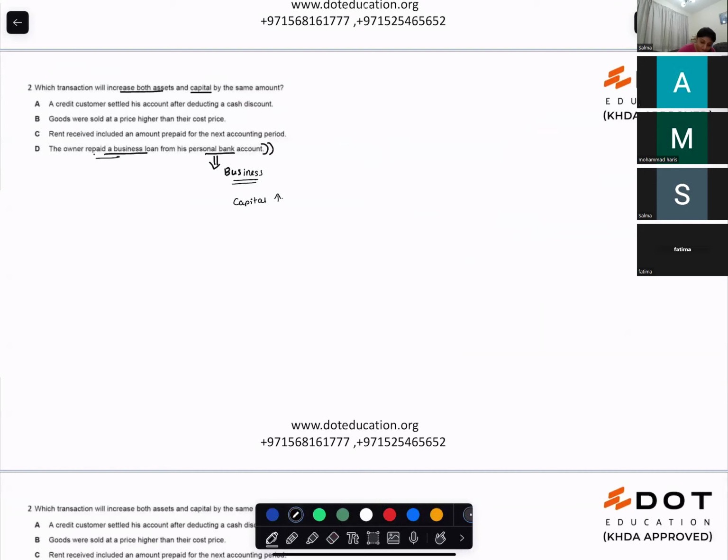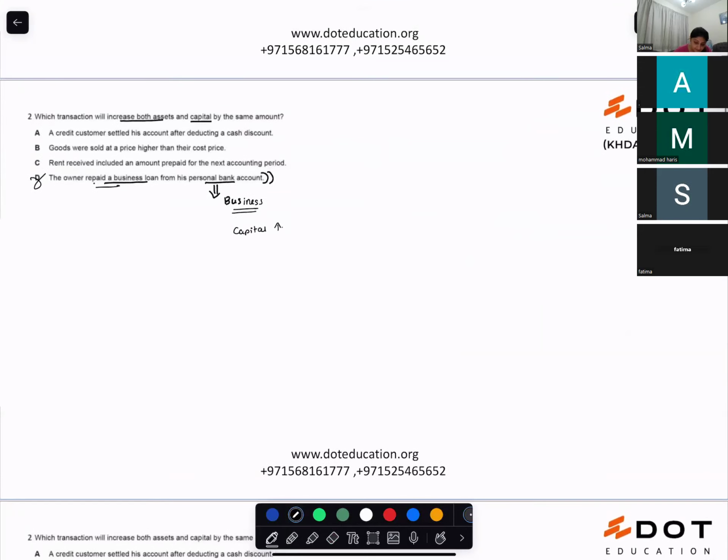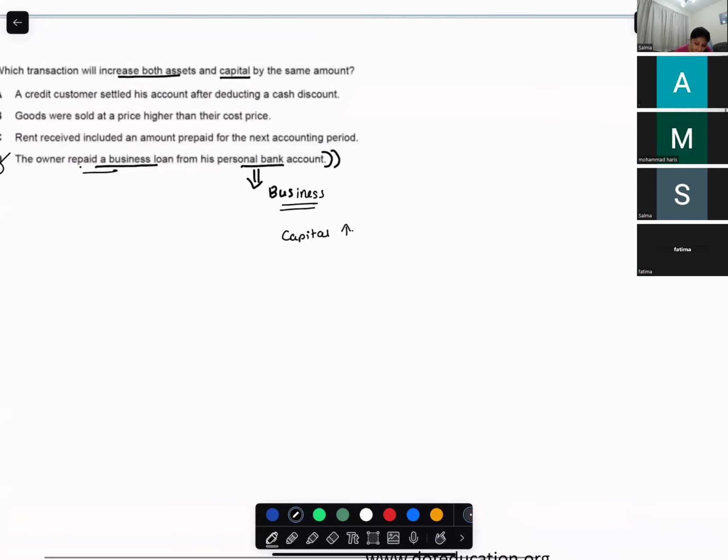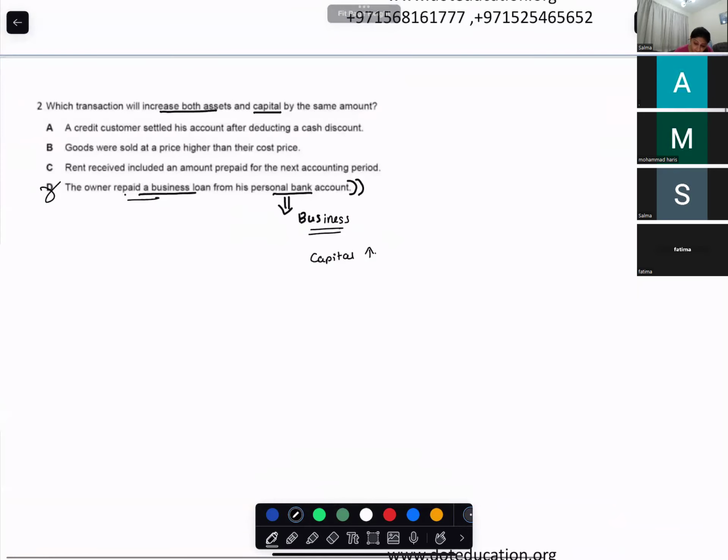Let's go to the other option. Because we want capital, we would see capital. Asset can also increase in this transaction, right?